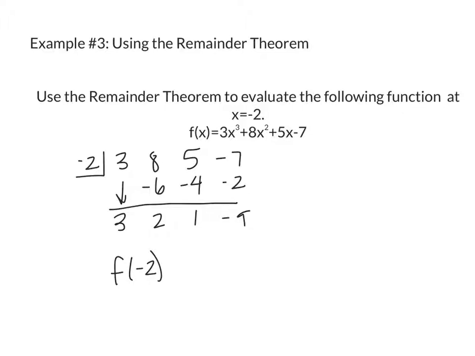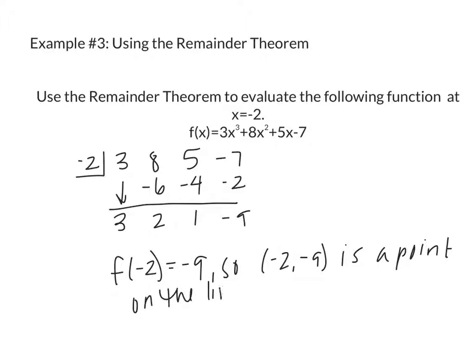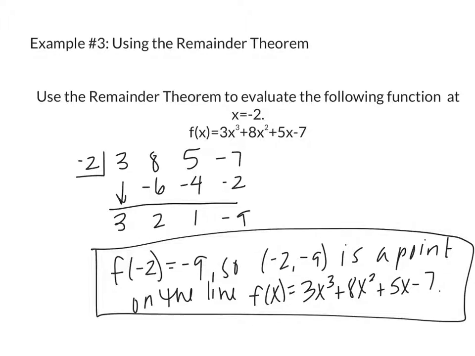So negative 2, negative 9 is a point on the line f of x equals 3x cubed plus 8x squared plus 5x minus 7. Again, we did all of that just to prove that it is a point along the function. Anywho, we are done.